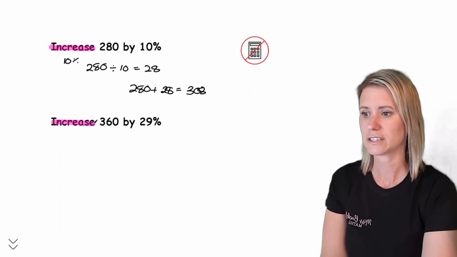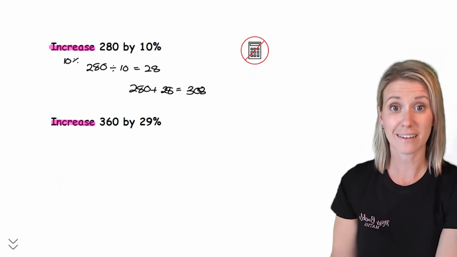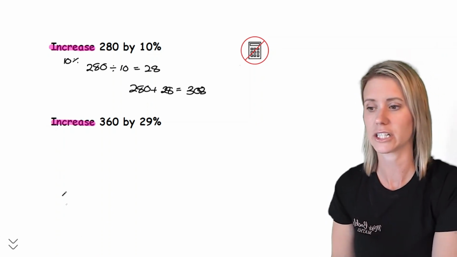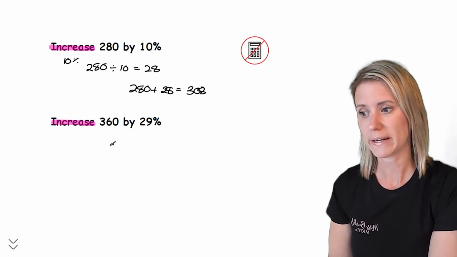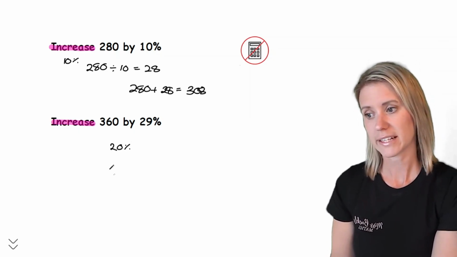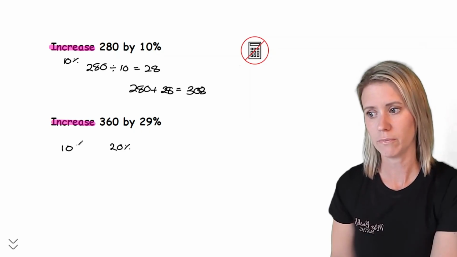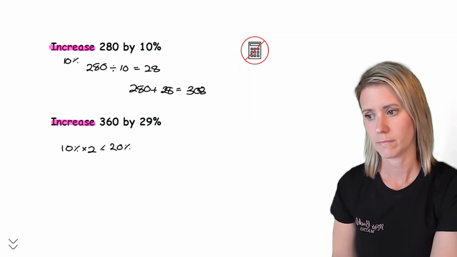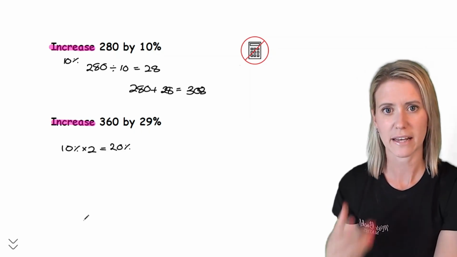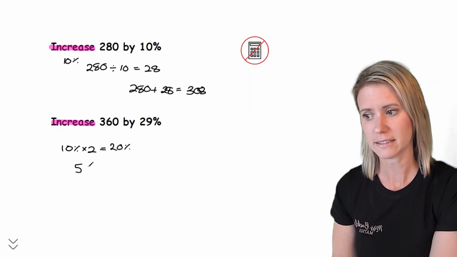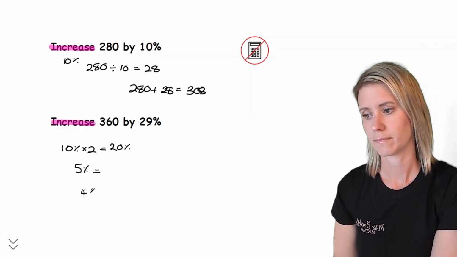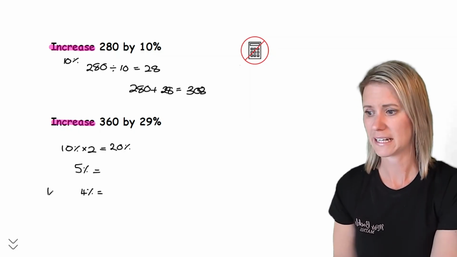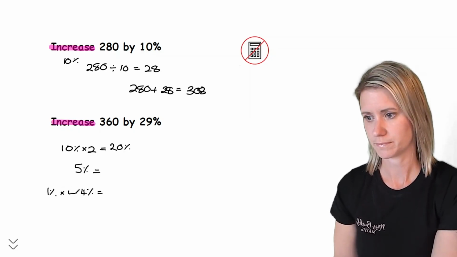Next one, increase again. So increase 360 by 29% this time, a trickier percentage. So how are we going to find 29%? I would start by finding 20%. That's going to be 10% times 2. Then I need to find 9%. Now 9% is 5% plus 4%, and 4% is 1% times 4.